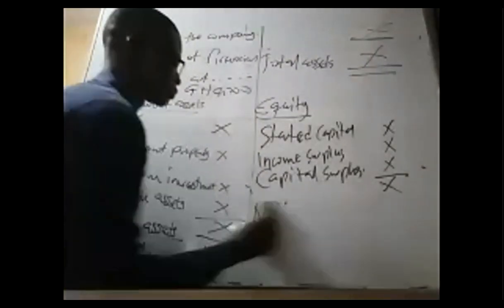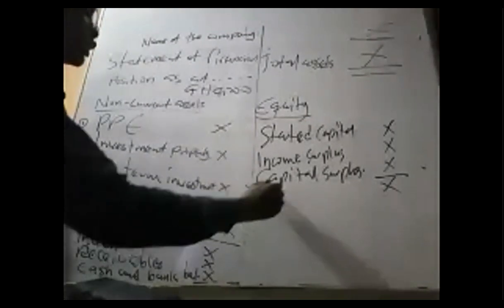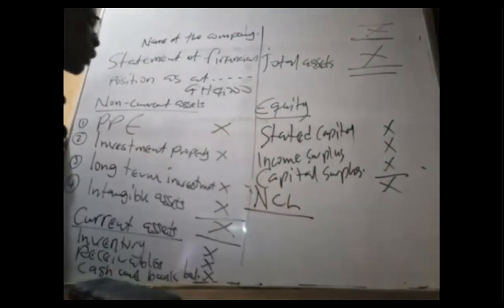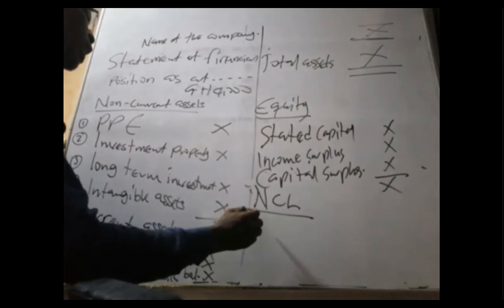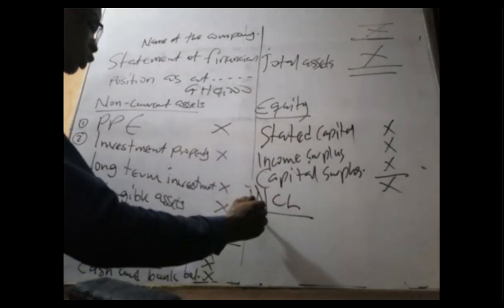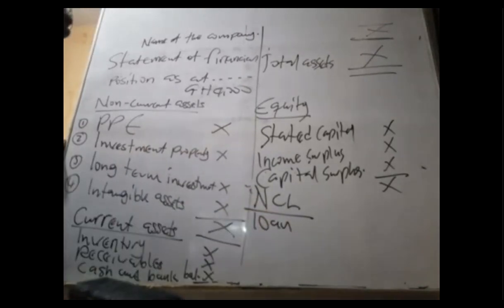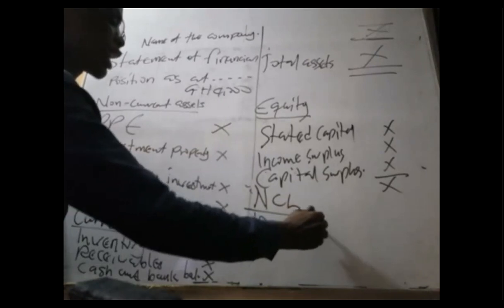What are they? Example number one, loan note or long-term loan, or debenture.